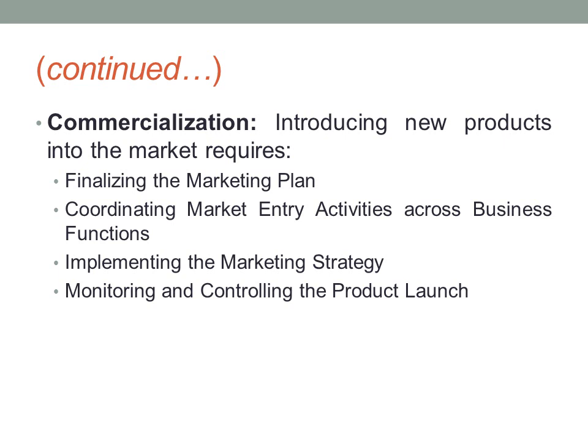And after implementing the marketing strategy, we'll have to go for monitoring and controlling the product launch, so that we'll be able to understand if we are meeting the objectives that we have set before. So these are the four functions of the commercialization stage.